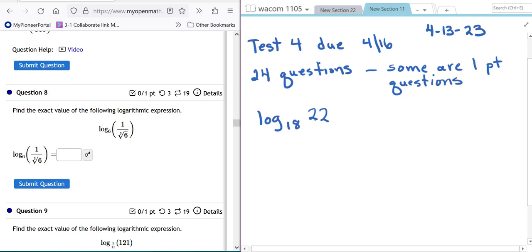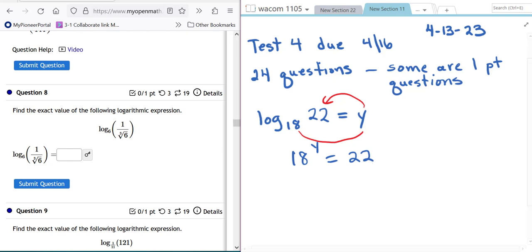And so the way to work this is set it equal to a variable. We'll call it y. And then change your form. So do your spiral around the equals. So we have 18 to the y equals 22. And now you can take your log of both sides to get your variable down. So we'll take natural log of both sides.